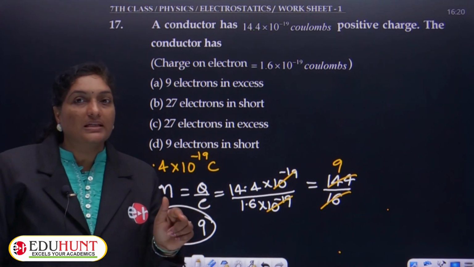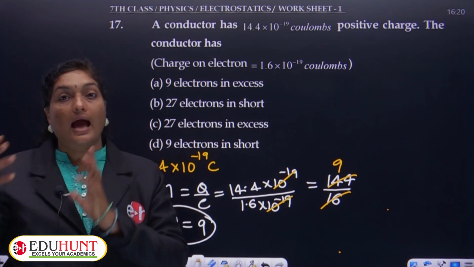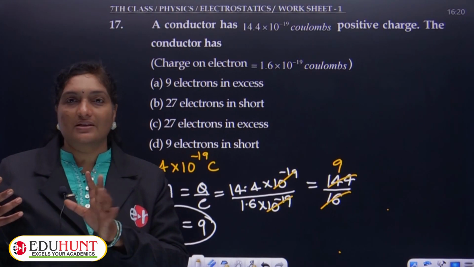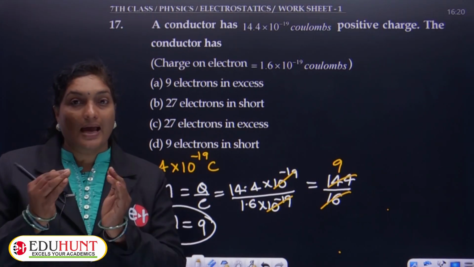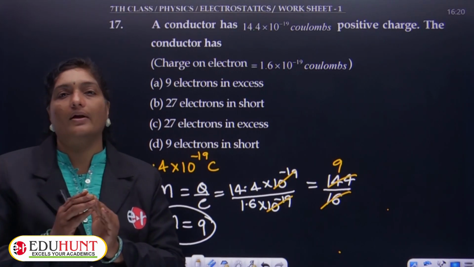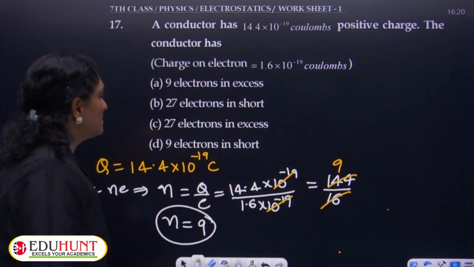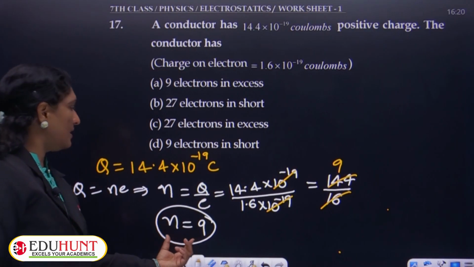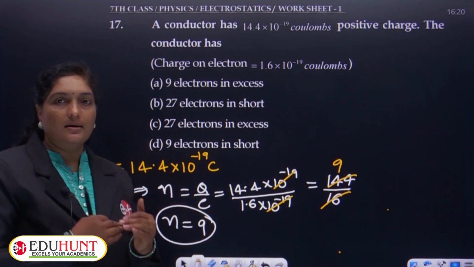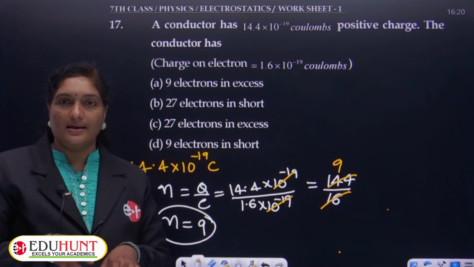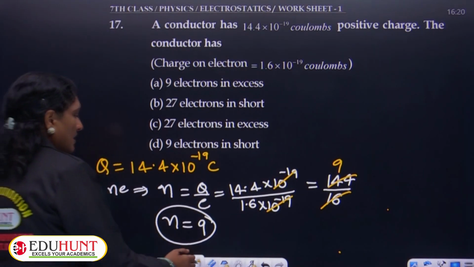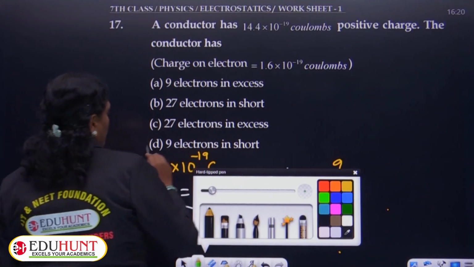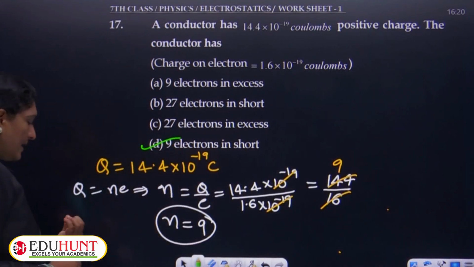When it is a positive charge, it has a large number of positive charges and fewer negative charges, so it has a shortage of electrons. 9 electrons are in short, because with fewer electrons the body is positively charged. Hence, the correct option is option D, that is 9 electrons in short.